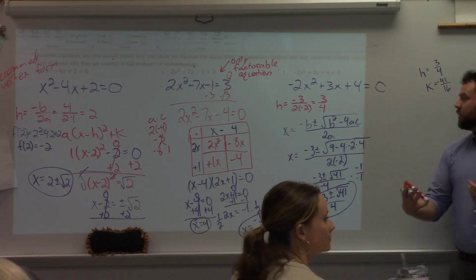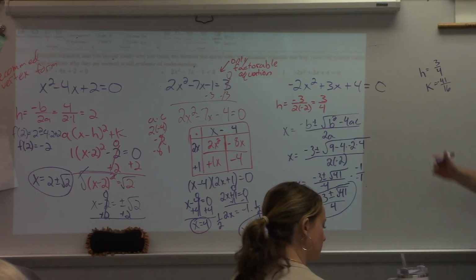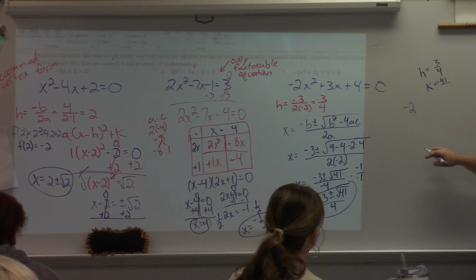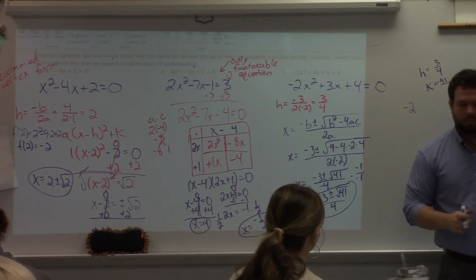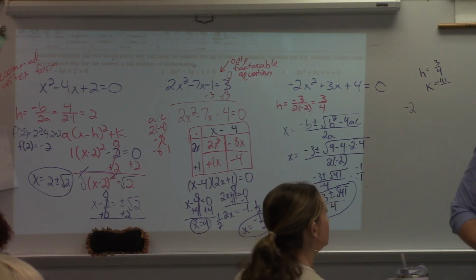But if you substitute that 3/4 into that equation, use the calculator, it'll kick out negative 41 divided by 16. And, oh, wait, is it 16 or 8? Sure about that? I don't doubt you, but I doubt you, sorry.